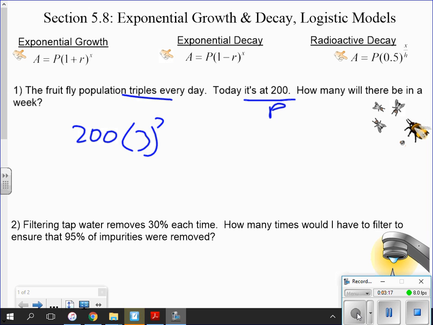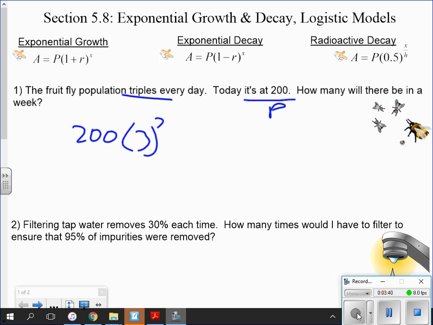If it says that it doubles each day or triples each day or quadruples every hour, this is the model you use for that. It's not exactly the same exponential growth. This is the 1 plus R combined into 1. If it doubles every day, it would be 2 times that. If it triples every day, it's 3 times that.